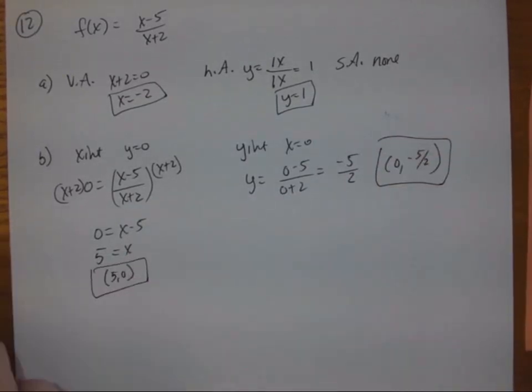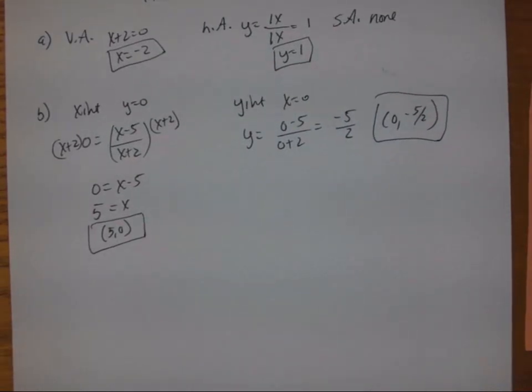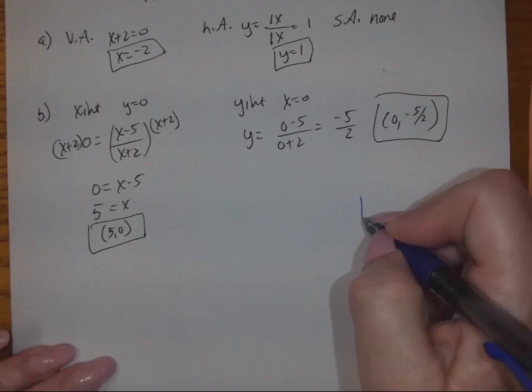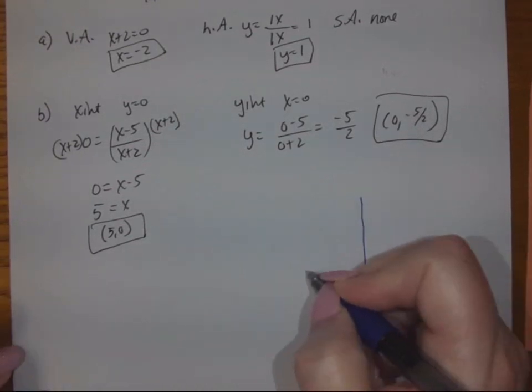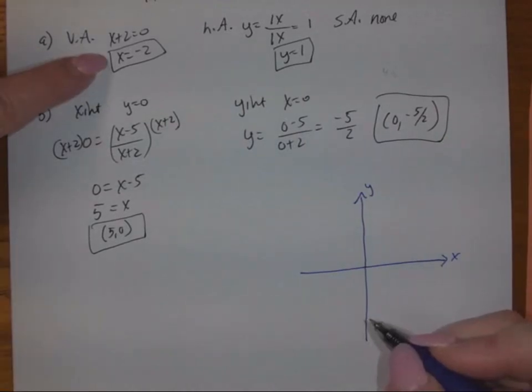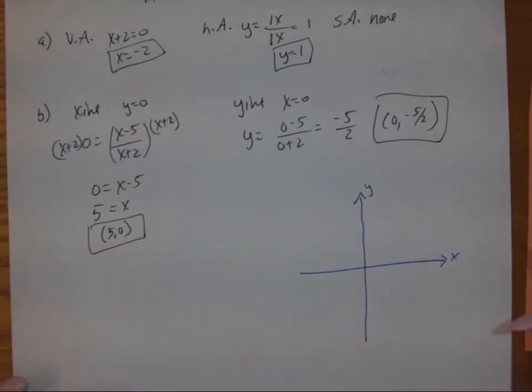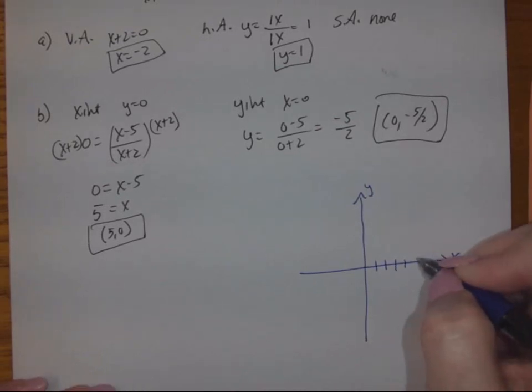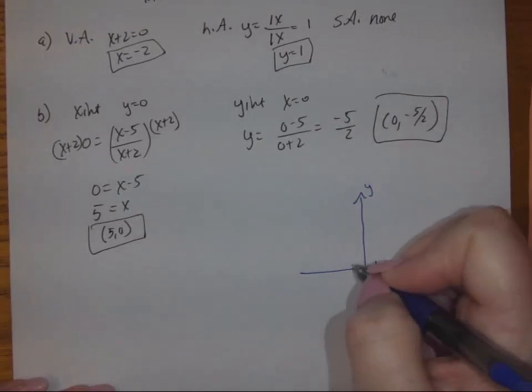So now that we've found those, we need to graph it, and we need to find test points. So I'm going to start graphing it so I can see where my points are landing and where I need test points at. So the first one I have is x equals -2. I'm going to go 6 on each side.